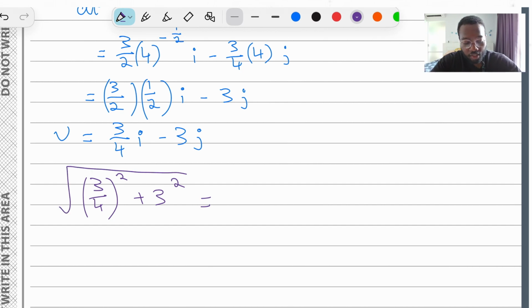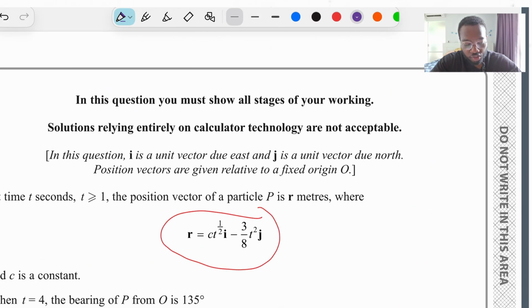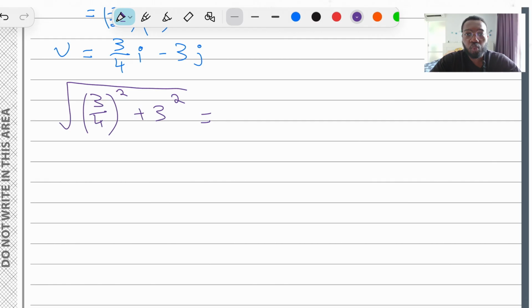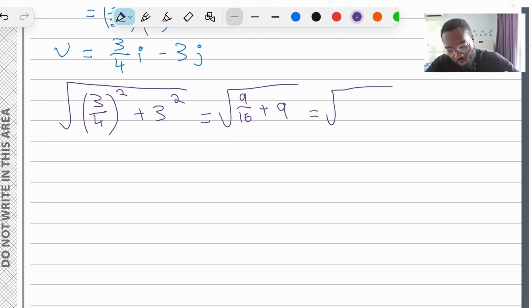Now with this question, it does say to show all of our workings. So for this one, we could just use our calculator, but it's probably best to show all the workings fully. We would get the square root of 3 over 4 squared, which is 9 over 16, plus 9. What can we do with this?